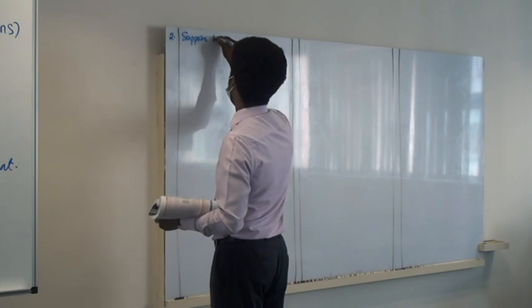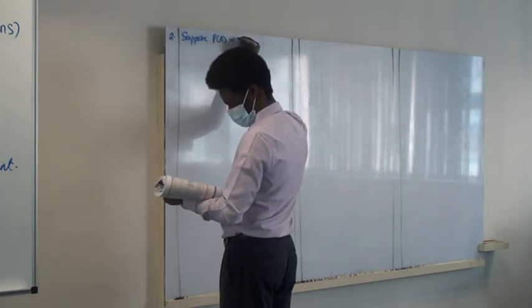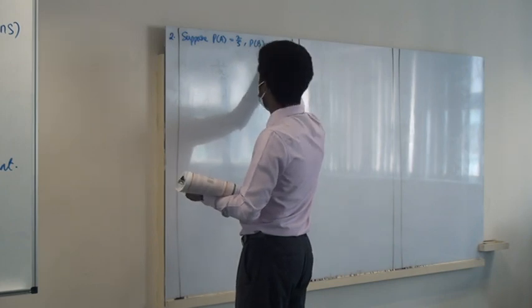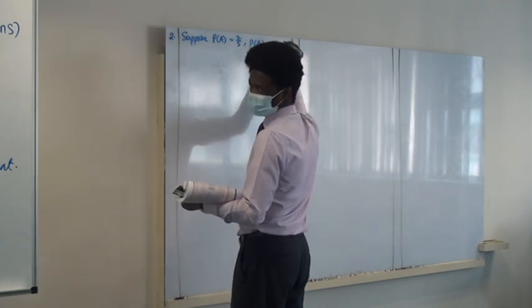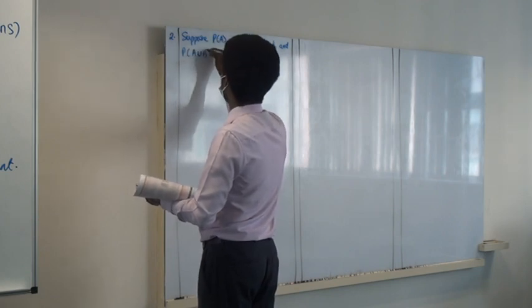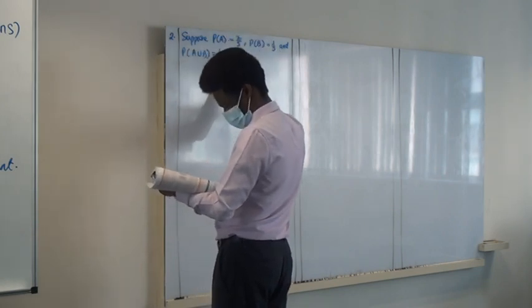Suppose probability of A equals 2/5. Probability of B equals 1/3. And probability of A union B is 1/2.